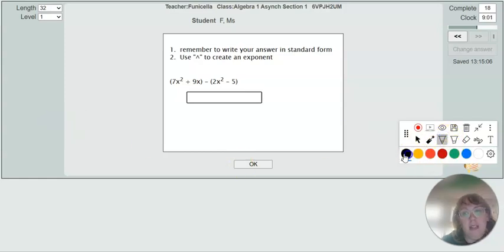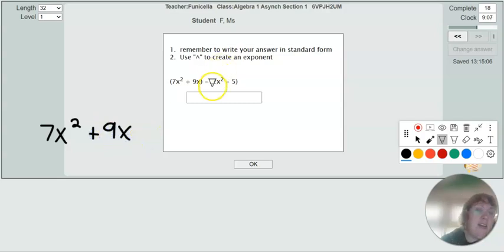This next one is 7x squared plus 9x. And now we're doing subtraction, so we have minus a 2x squared and minus a negative 5, which is going to be plus 5.